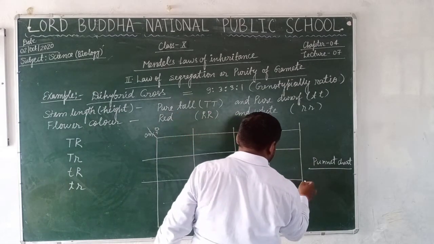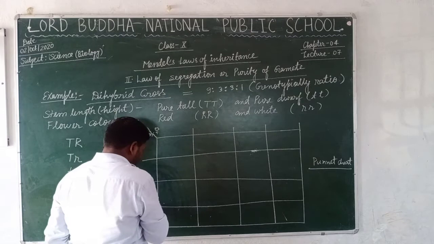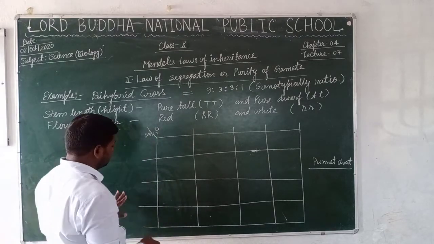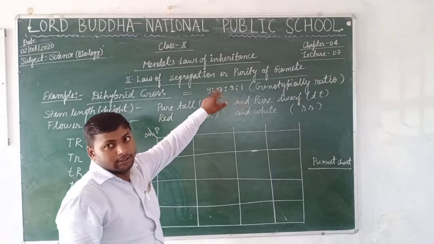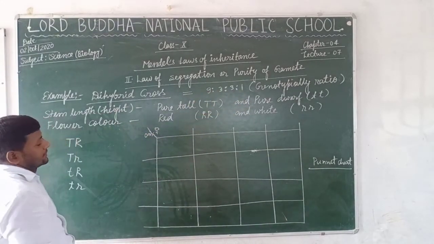Here I make a total of 16 boxes, because the 9:3:3:1 ratio indicates a total of 16.